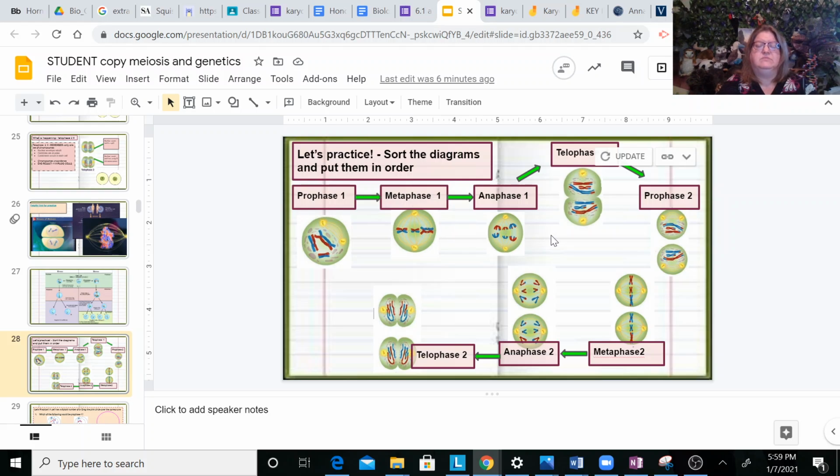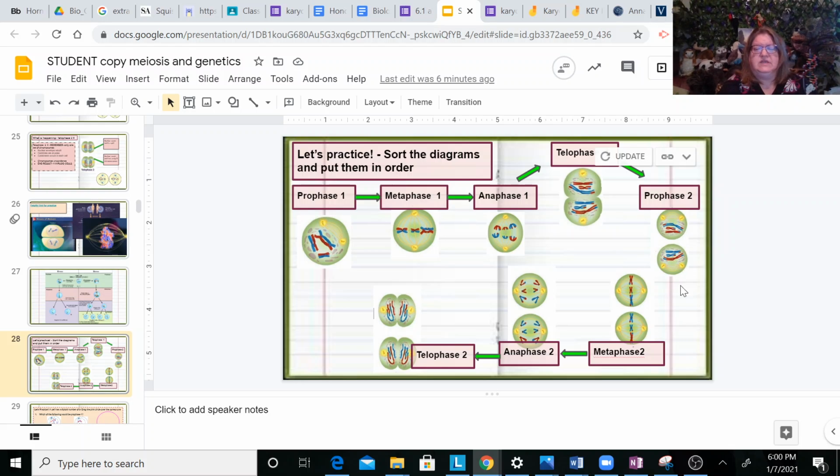The homologous pairs separate in anaphase one. And then we divide the cell in telophase one to get two cells. But here's the important part, remember, with half the chromosomes. This was a cell that had 6 chromosomes to begin with. At the end of the first division of meiosis, we only have 3 each.